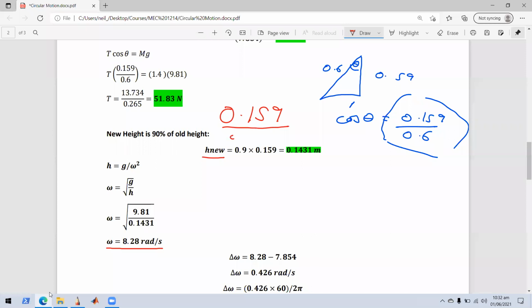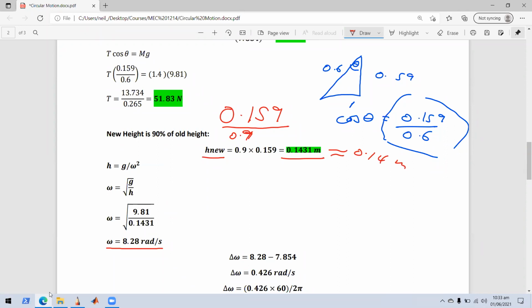So 90% is the same as 0.9 times 0.159. Plug this into the calculator, you should get the new height. The new height where we want to find these attributes is 0.1431 meters, approximately 0.14 meters.